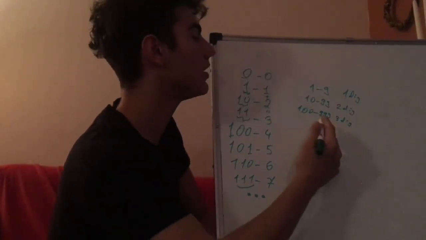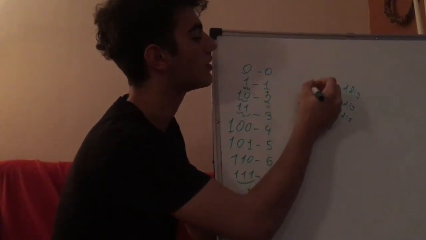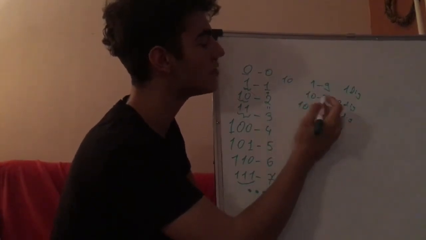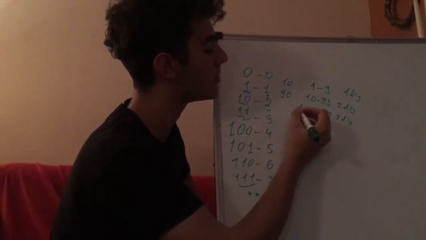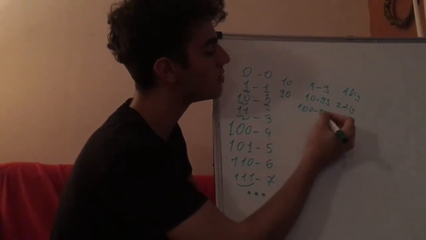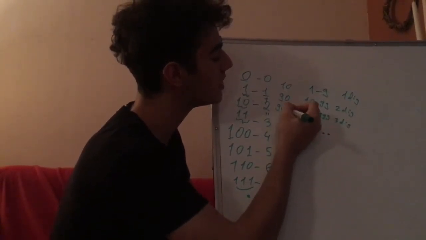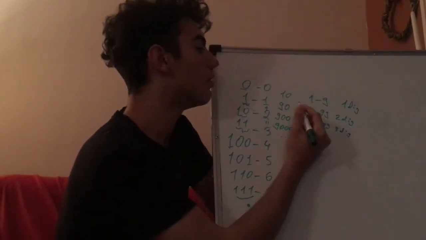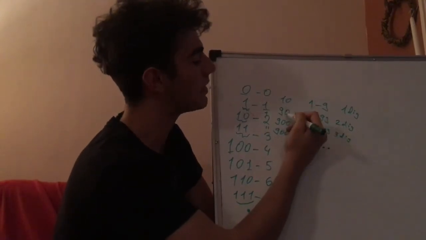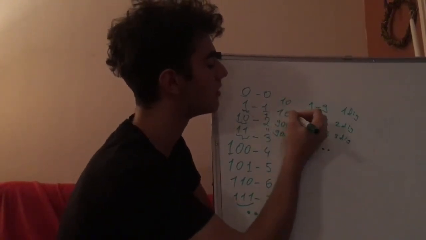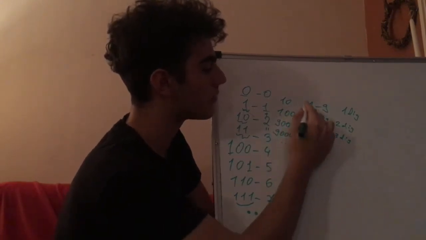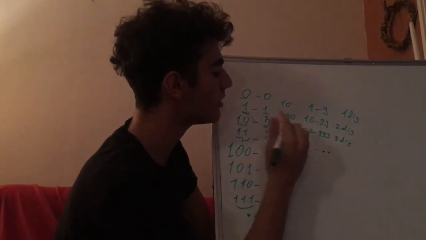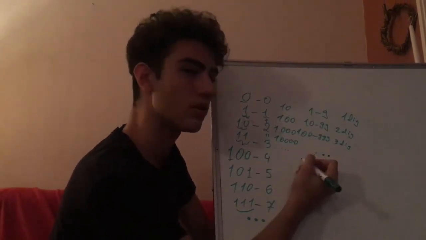So let's try to see how many numbers do we have. So it goes from 1 to 9, we have 10 numbers. From 10 to 99, we have 90 numbers. From 100 to 999, we have 900, then it goes 9,000, then it goes furthermore. So from 1 to 99, we have 10 plus 90, which is 100 numbers. And from 1 to 999 we have 1000, and then 10,000, and furthermore.